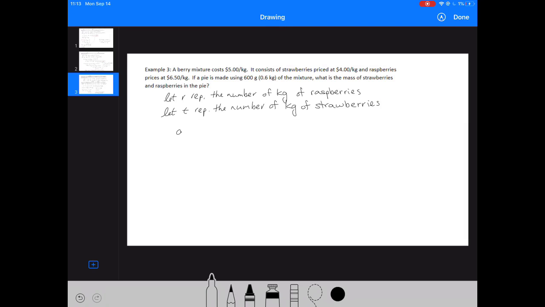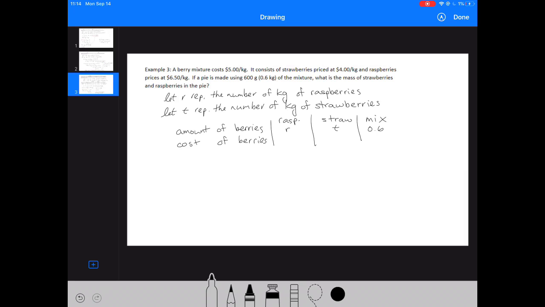And then we can set up a chart to do our equations. So we've got our amount of berries, and we've got the cost of the berries. Those are going to represent our two equations. So we've got raspberries, strawberries, and then we've got our mix. So raspberries, that's our variable. So we said R for the amount, T for strawberries, and then the total amount that we have is 0.6 kilograms.